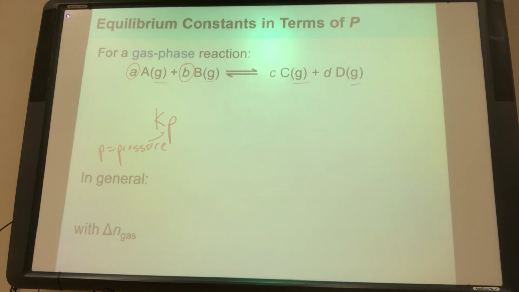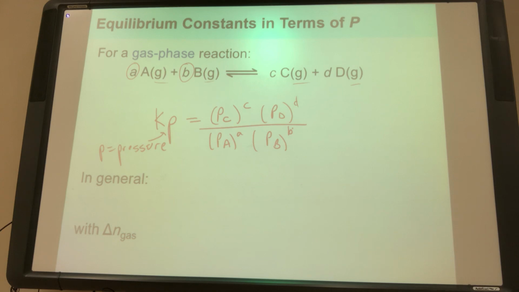So Kc was for concentration, Kp is equal to the pressure for gas C raised to the c, the pressure of gas D raised to the d, the pressure of A to the lowercase a, its coefficient, and the pressure of B to its coefficient.